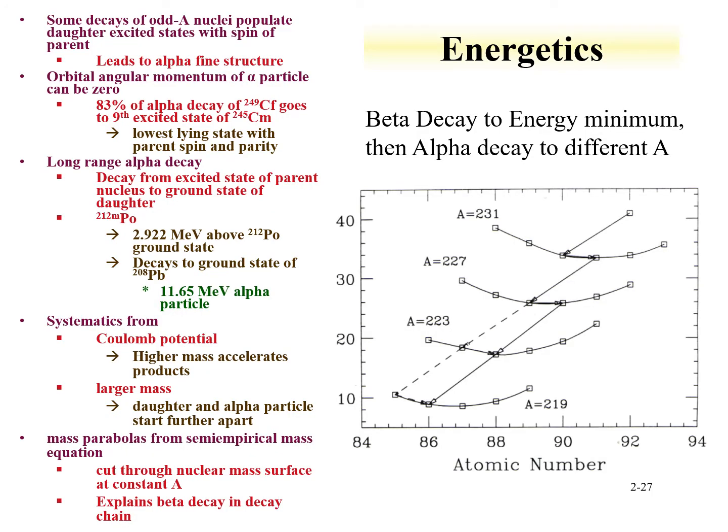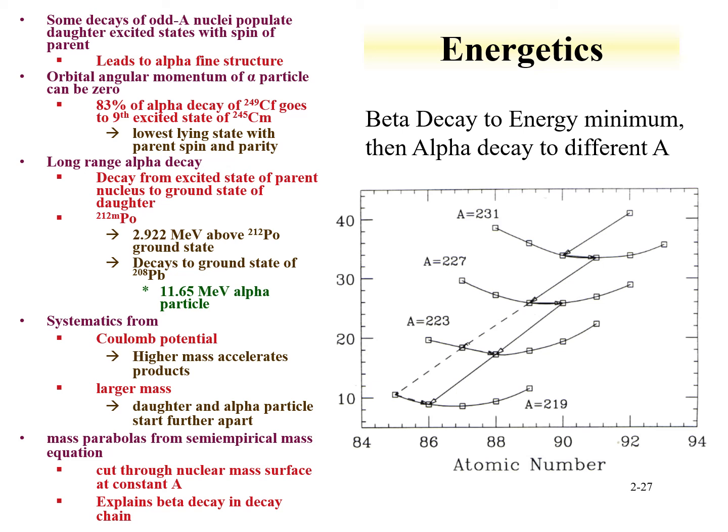As we discussed earlier, alpha particle emission can often demonstrate fine structure. This is due to the fact that during the decay, the parent can decay to an excited state of the daughter. This is often because the daughter nucleus and the parent nucleus spin and parity need to match up to a certain degree.